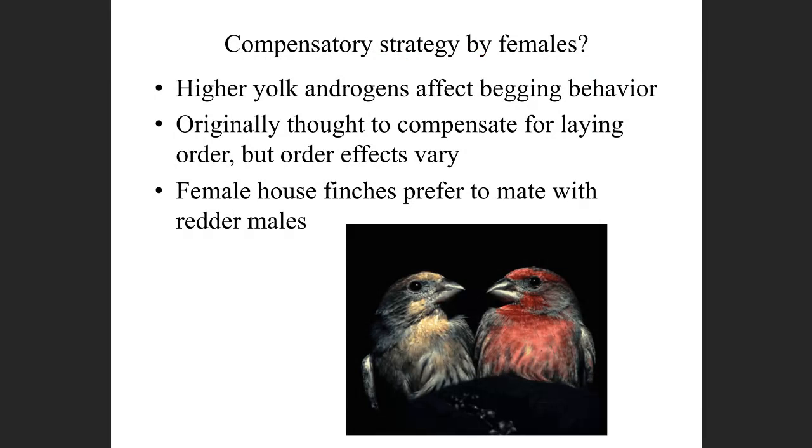What happened was when they studied yolk androgens in a bunch more species, what they found were different patterns in different species. So in some species the earliest eggs have more testosterone, in some the later eggs have more testosterone, and the behavioral effects of yolk androgens vary by species. So this is kind of weird and interesting.